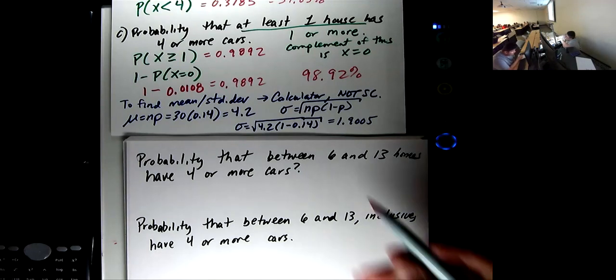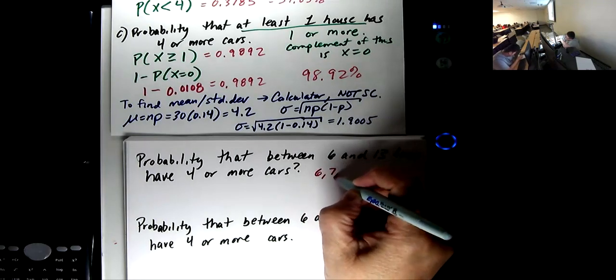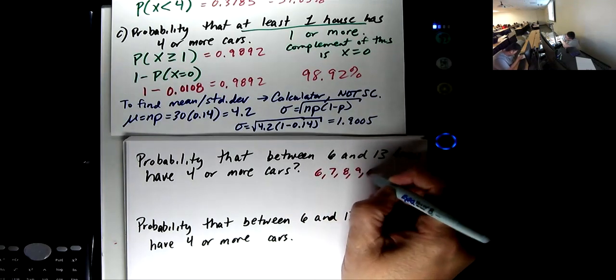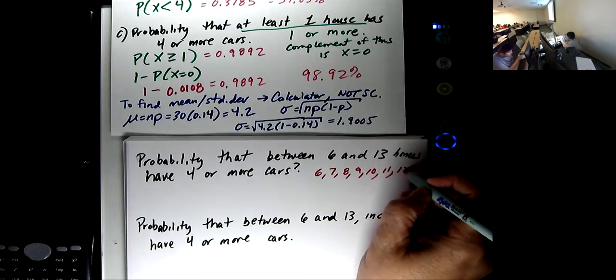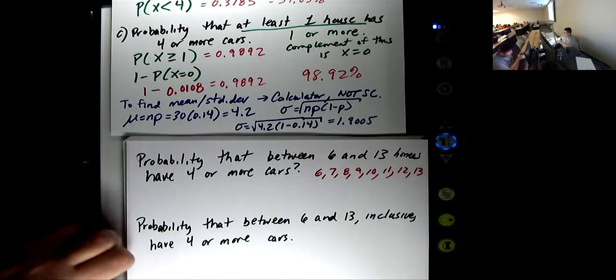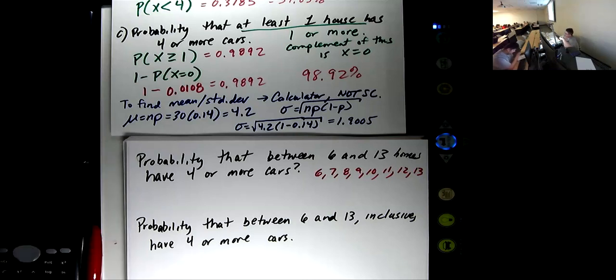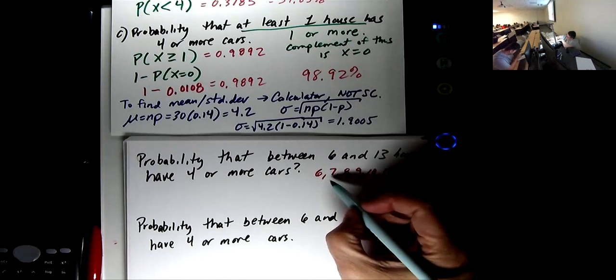So if I write out the numbers 6 through 13, I got 6, 7, 8, 9, 10, 11, 12, 13. The numbers that are between 6 and 13 here are 7 to 12.